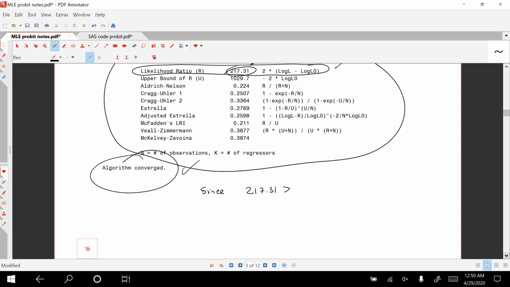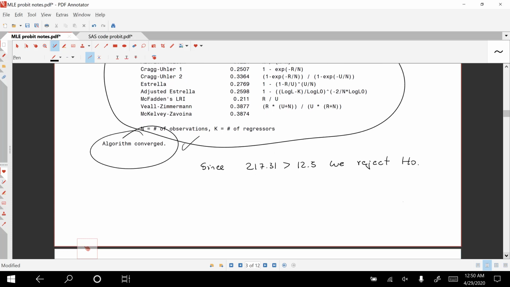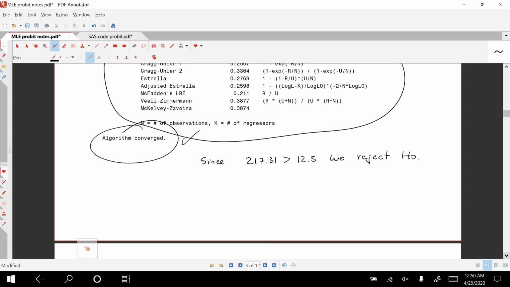Since 217.31 is higher than 12.5, we reject the null hypothesis, and basically there is evidence that the explanatory variables help to explain the probability that yi is equal to 1.